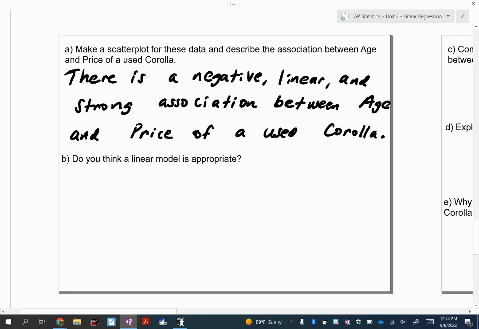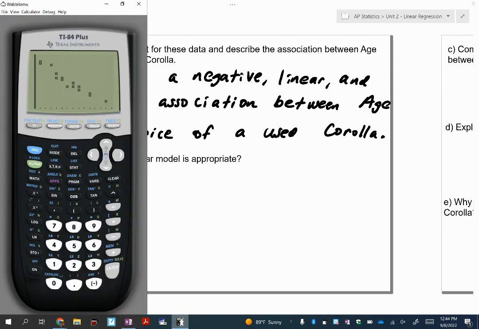Okay. Now, question B says, do you think a linear model is appropriate? So this first question that you ask yourself once you make the scatter plot for these two quantitative variables is, do you think it's appropriate to make a linear model, a linear regression model?